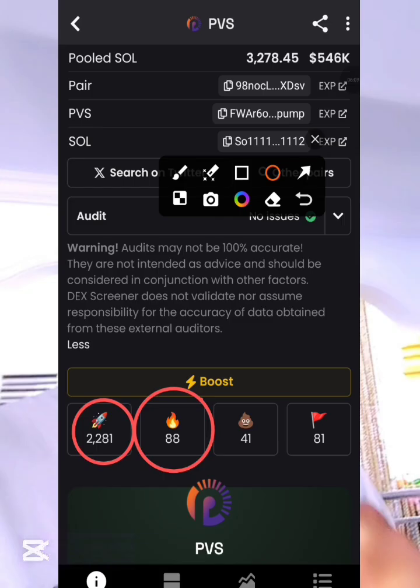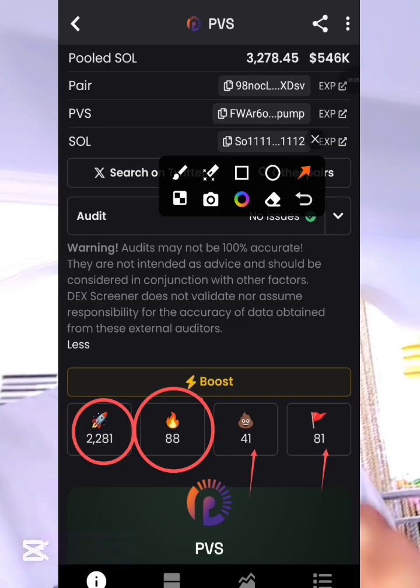Now, if you look at this side, we have a poop. We call this one poop, P-O-O-P. That is the name. And this one is red flag. Now, this poop actually indicates negative reactions of people, and we have 41 negative reactions to this particular one. It actually means this is not good, this doesn't look great at all.